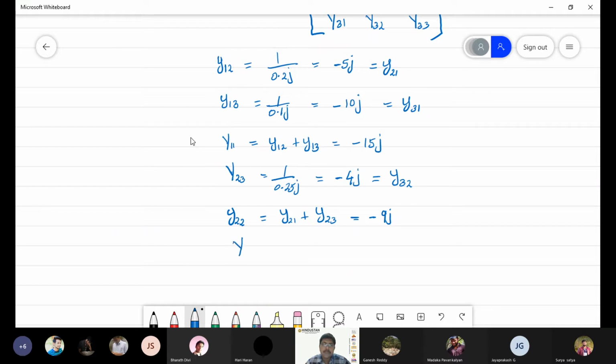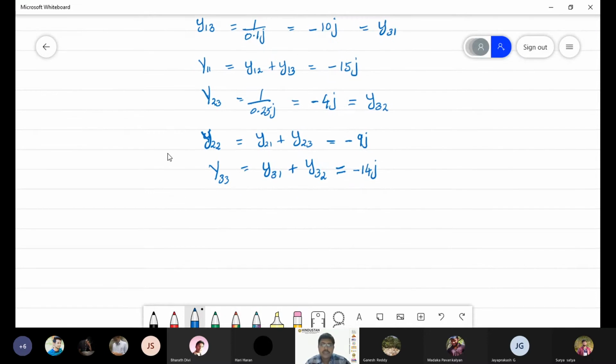So y33 is y31 plus y32, that is minus 10j minus 4j, that is minus 14j.